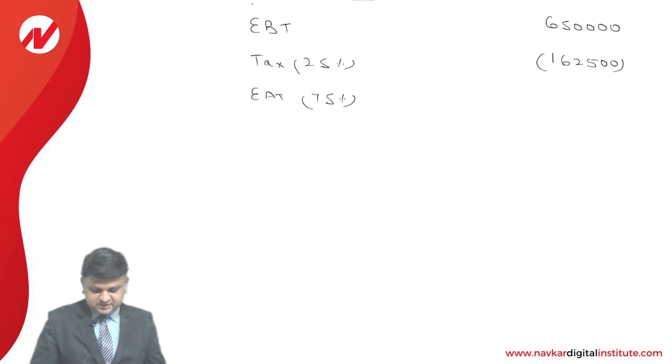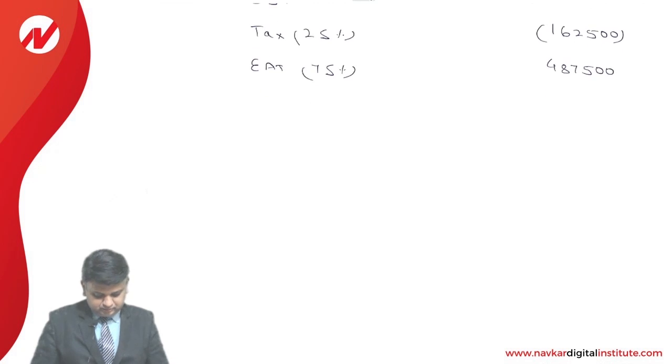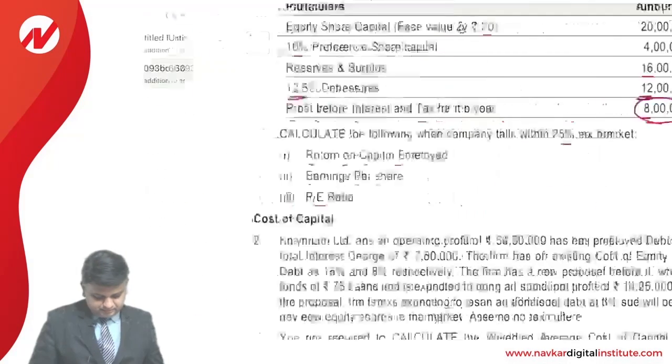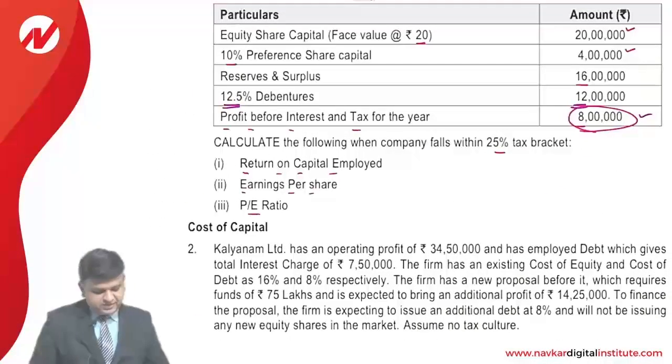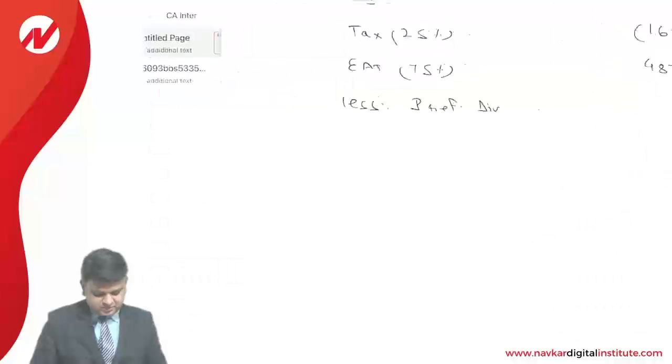Earning after taxes is 75%. So 650 minus 162.5 is 4,87,500. Less payment of preference dividend. The preference share capital is 4 lakhs and the rate of dividend is 10%. So that comes to 40,000.